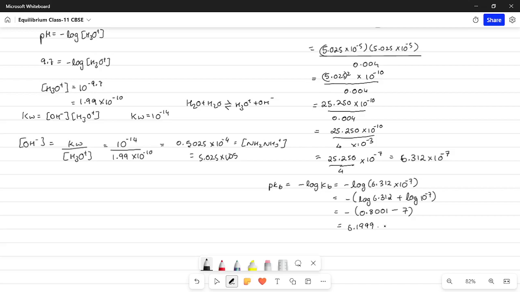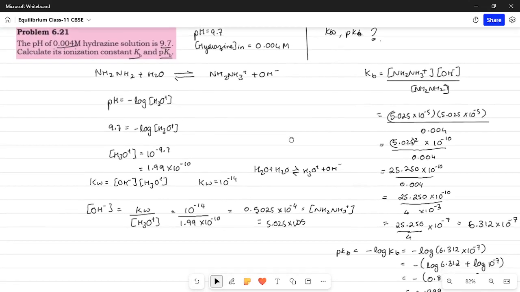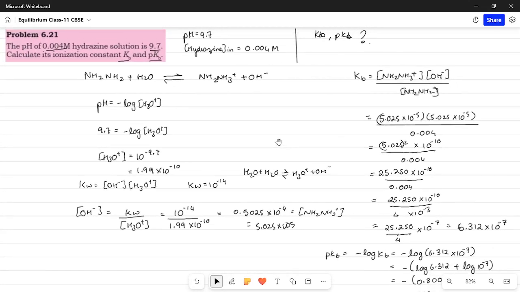So what we were asked in this question was to find out, given the pH as well as the initial concentration of hydrazine, pKb and Kb. First of all, we wrote down the dissociation equation for the hydrazine, which gave us NH2NH3 plus and OH minus. Using the value of pH, we were able to calculate the concentration of H3O plus. From there, using the ionic product of water, we were able to calculate the OH minus ion.